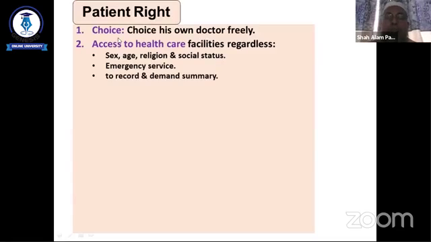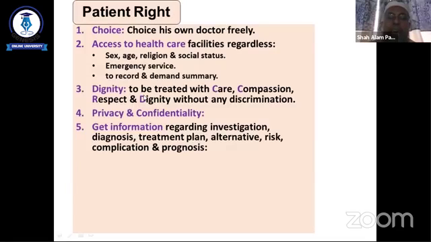The patient has the right to access emergency service, to be recorded and demand a summary of his condition, and to be treated with care, compassion, respect, and dignity without any discrimination.